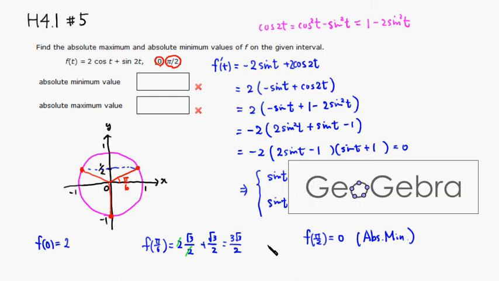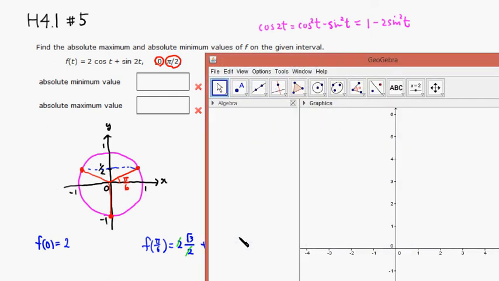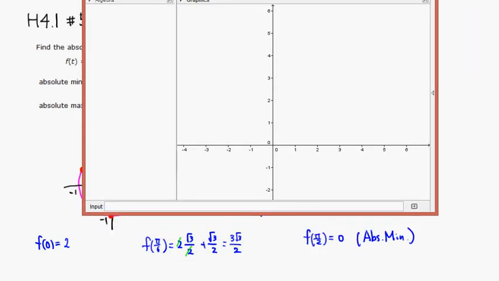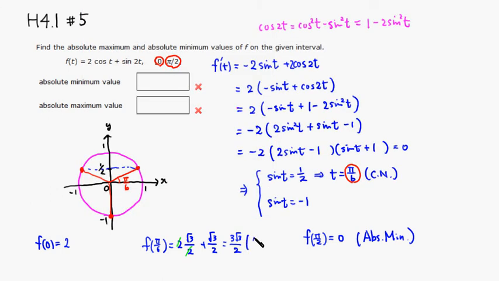I have a feeling that this is bigger, but I'm going to use GeoGebra to decide. You can see that 3 square root of 3 divided by 2 is about 2.6, so it's definitely bigger. So we know this is going to be the absolute max.